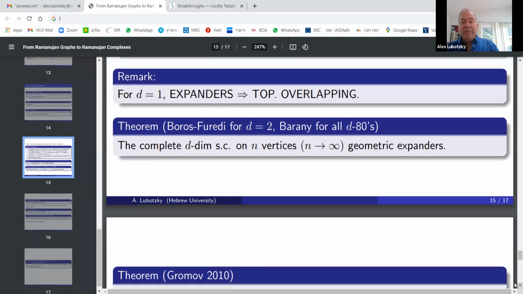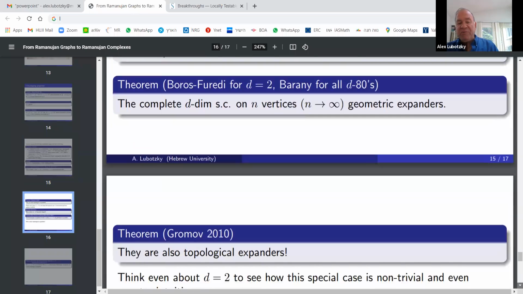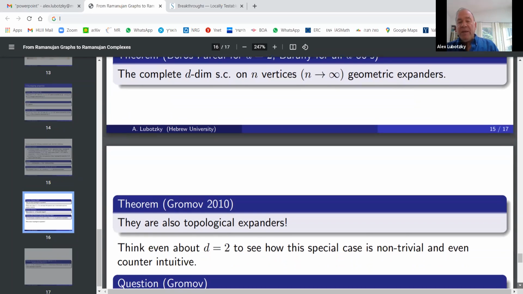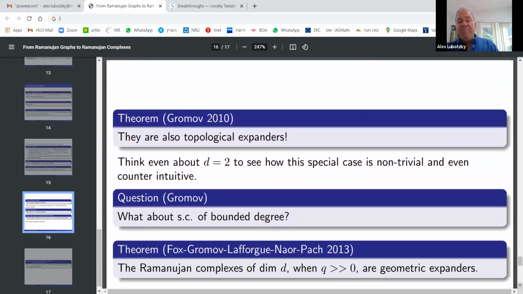But Gromov wanted to ask, if you take the complete d-dimensional complex on n vertices, so you see it as n vertices, but it has n choose 2 edges, it has n choose 3 triangles, etc. First of all, he proved an amazing theorem.